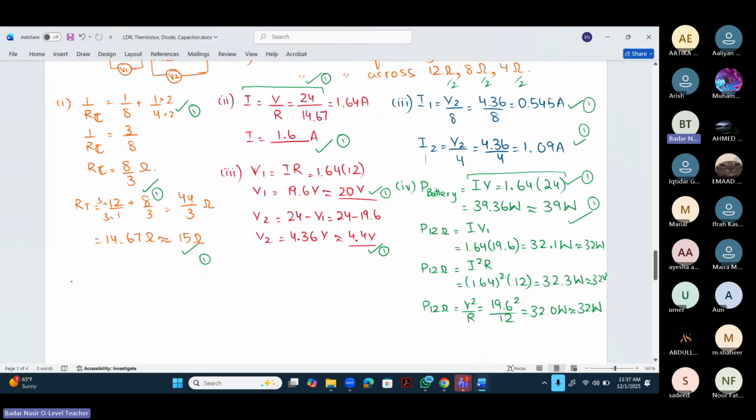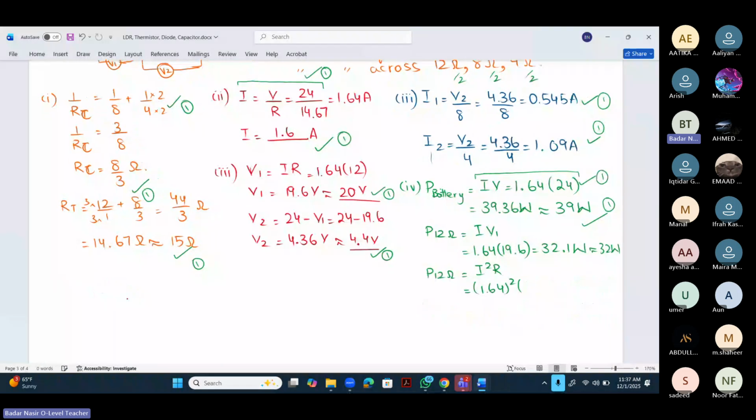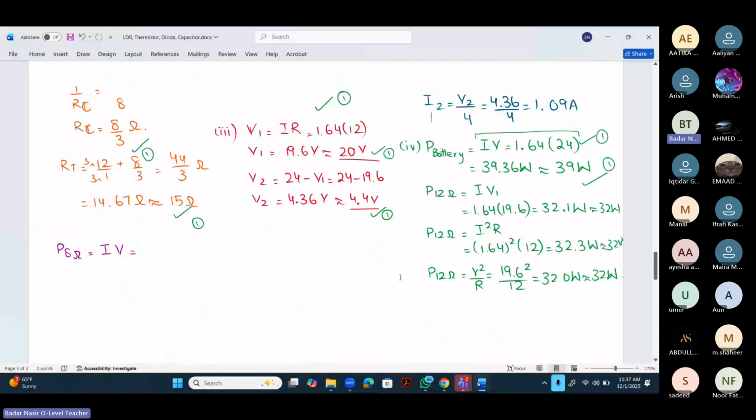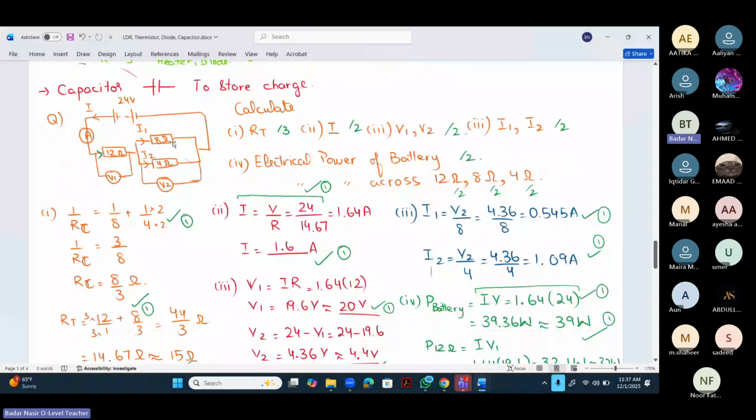So electrical power across the 8 ohm resistor, again beta, you can use the formula P is equals to IV. But you have to be careful कि करंट कितना है और वोल्टेज कितना है. देखो 8 ohm resistor से I1 current is flowing and the voltage across 8 ohm resistor is V2.